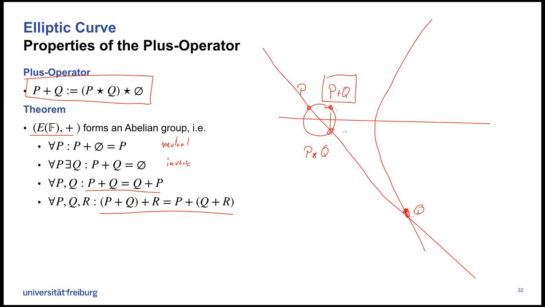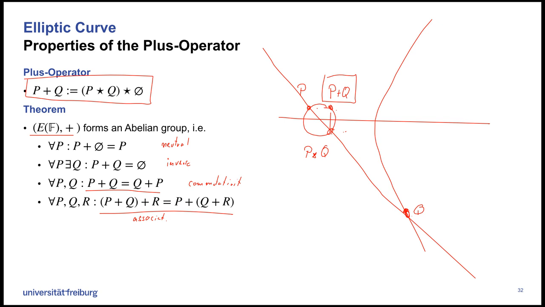Okay, so this was commutativity, and this is associativity, but I don't have time for writing it out. Maybe we can see whether these operations hold. To warm up, what does it mean?